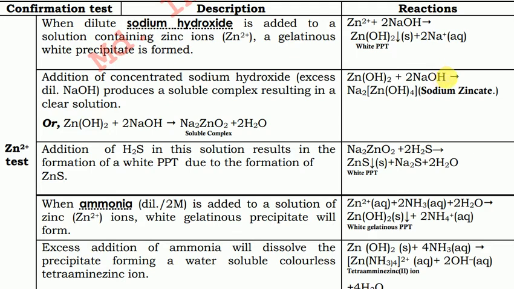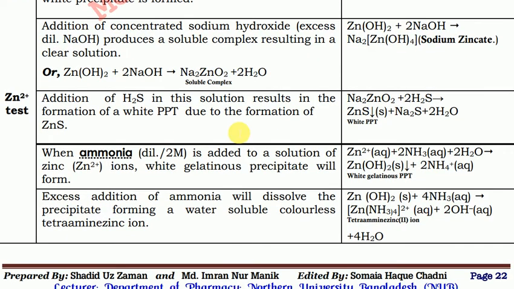After the addition of excess sodium hydroxide, the zinc hydroxide will solubilize, forming a complex known as sodium zincate or Na2ZnO2. Then, after the solubilization of the white PPT, we have to apply hydrogen sulfide gas in the test tube.